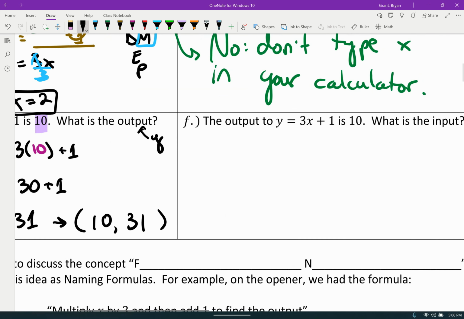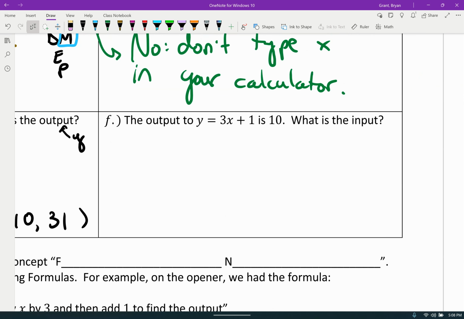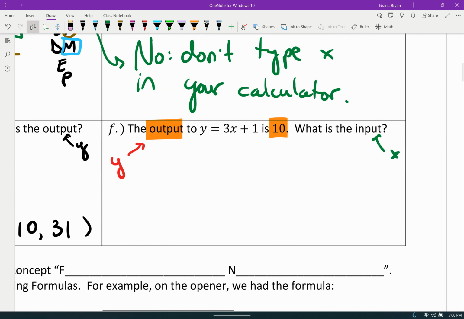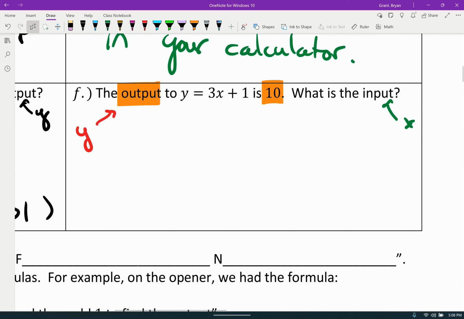Last one. The output to y equals 3x plus 1 is 10. What's the input? Okay, well now they've given us the output. The output is the y value, and they're asking us what is the x value. So let's take a peek. The output is 10. We do not know the x. We don't know the input. But it's the same steps in SADMEP as we did on part C. We're going to subtract 1 from each side.